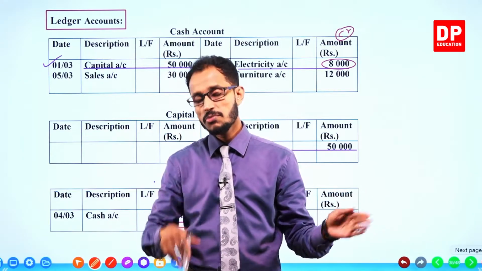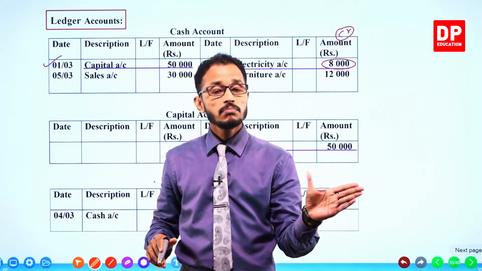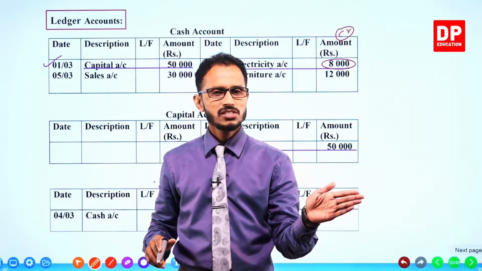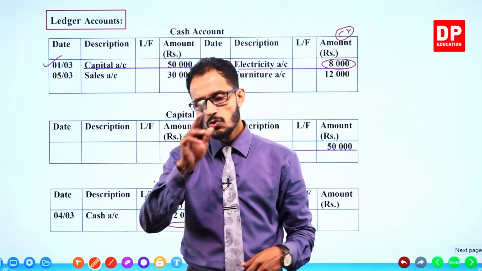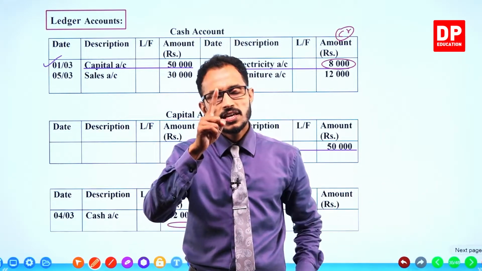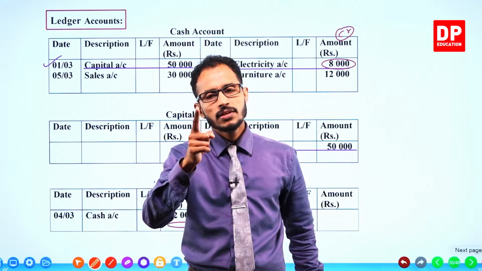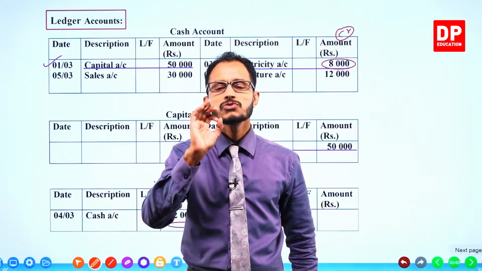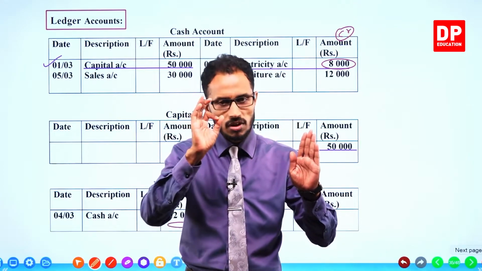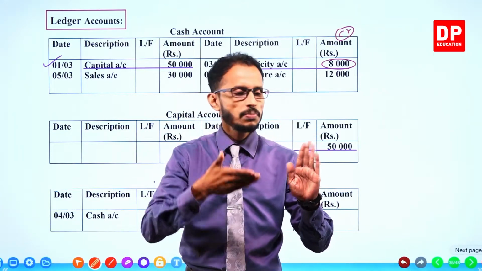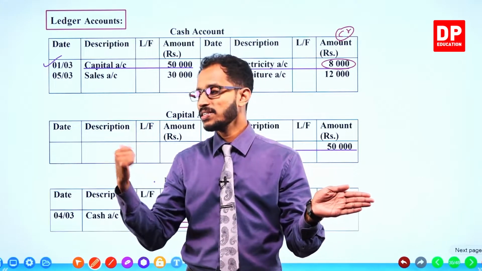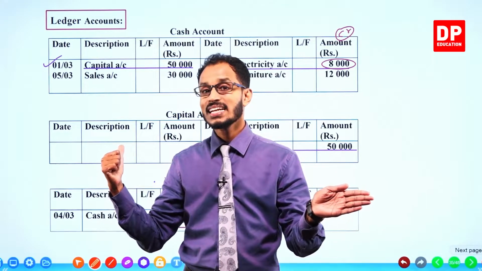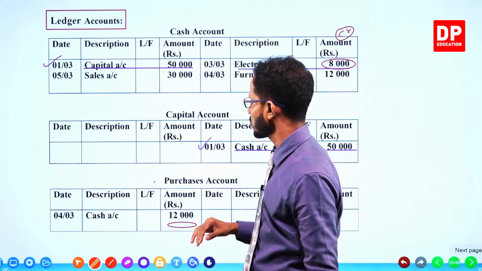No. It should be debited to the furniture account. You only debit purchases of goods, purchasing of stock. Only purchasing of stock you debit to the purchases account. This is a purchasing of a non-current asset, not goods.